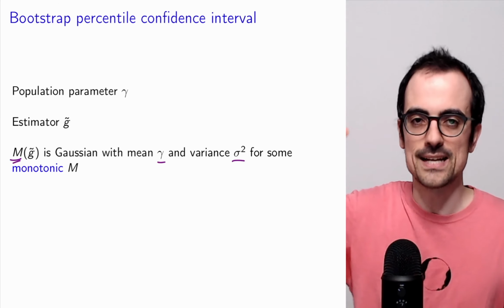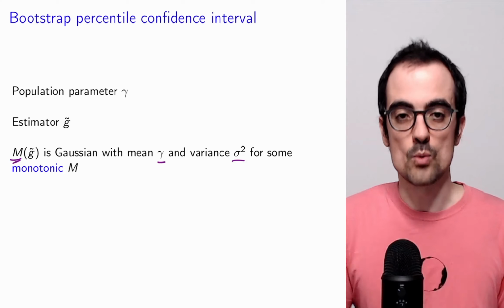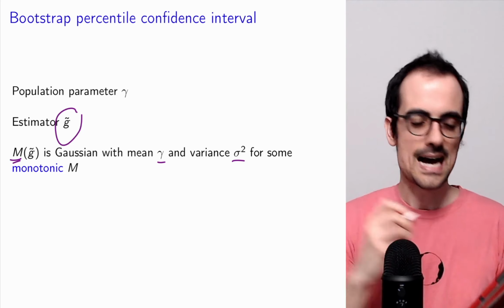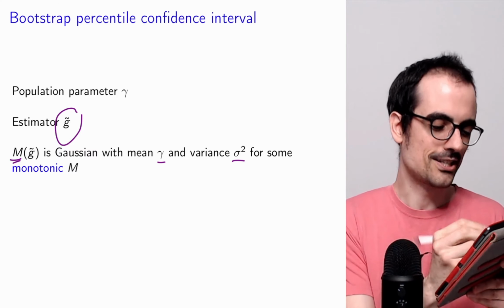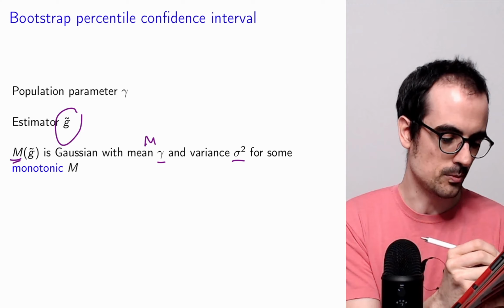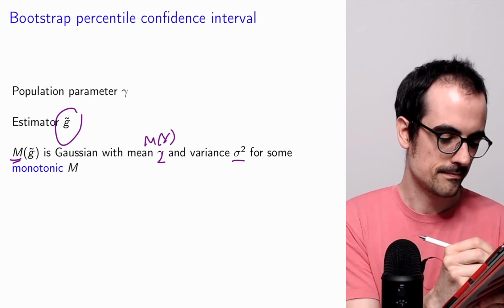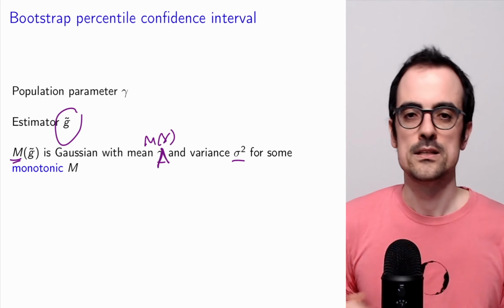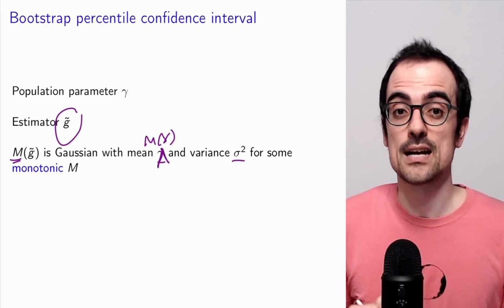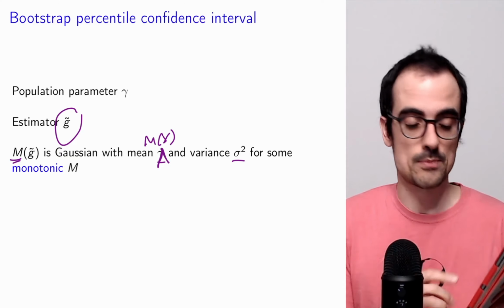Okay, so this m exists, we don't need to know it. Once you apply this m, your estimator becomes Gaussian around, there always has to be a typo. It should be m of gamma. Okay, where if we apply m, we're Gaussian around m of gamma, where gamma is the population parameter we want to estimate.